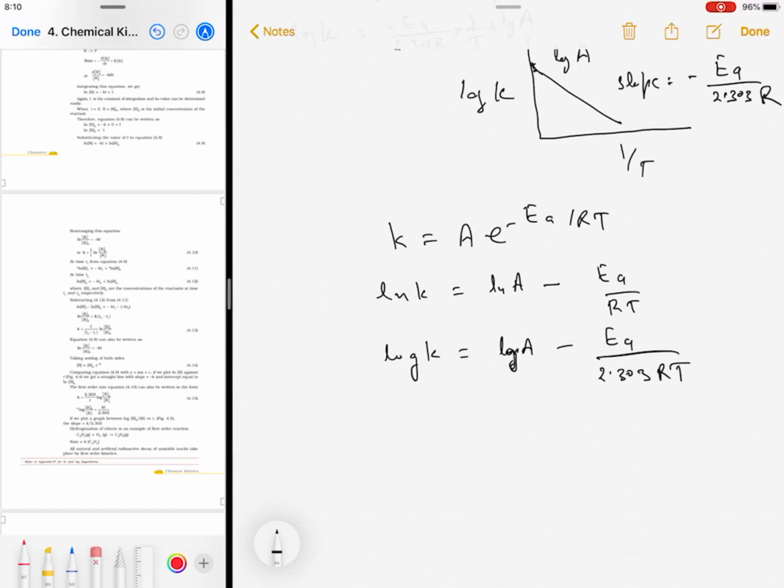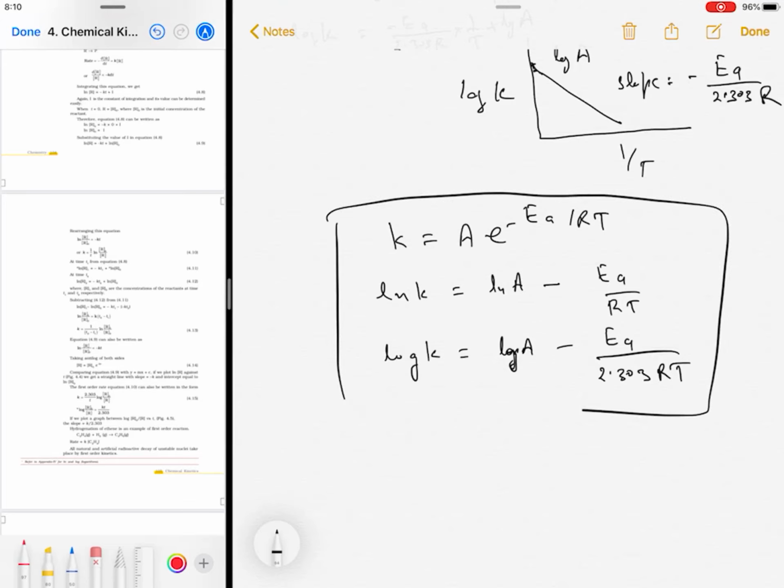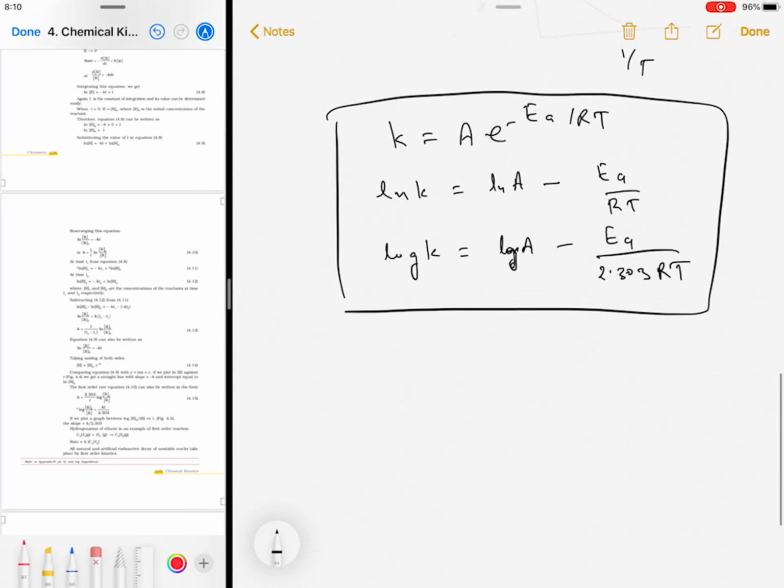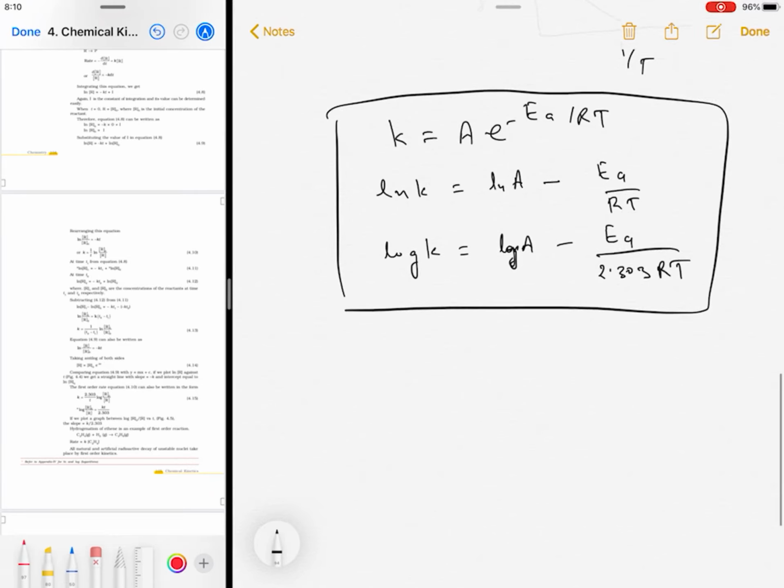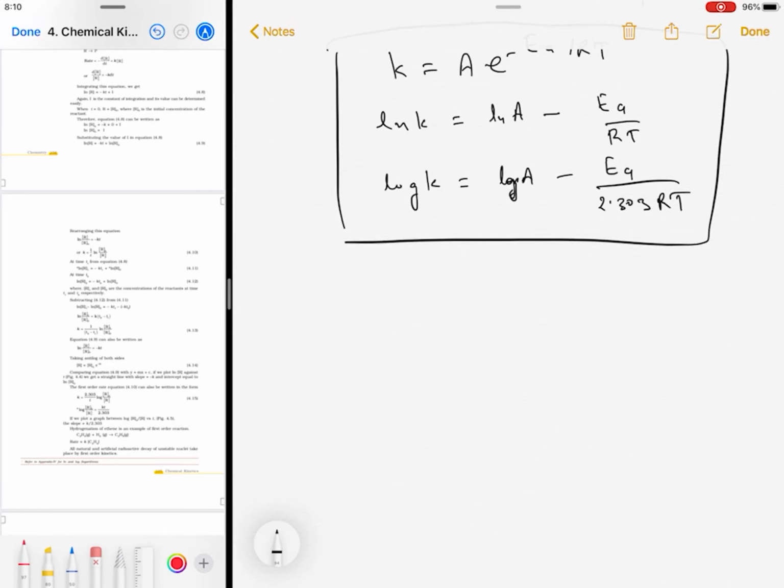So these are all different forms of the Arrhenius equation, and when we come to the numerical problems, the numerical problem may be based on any of these forms of equation. We can use any of these equations.